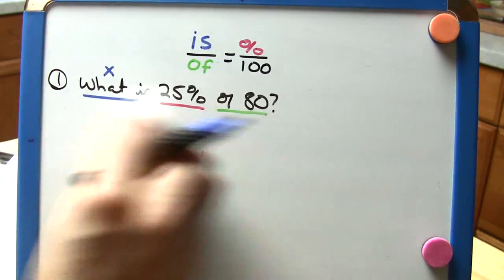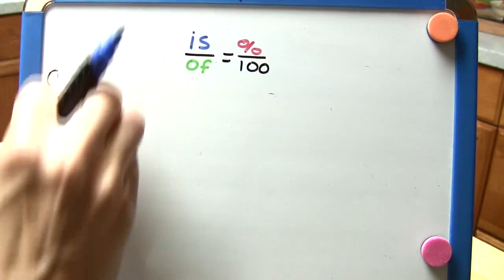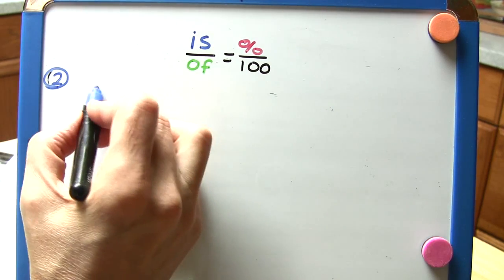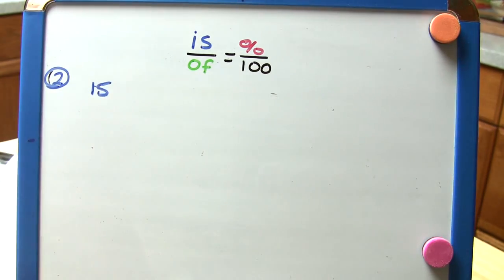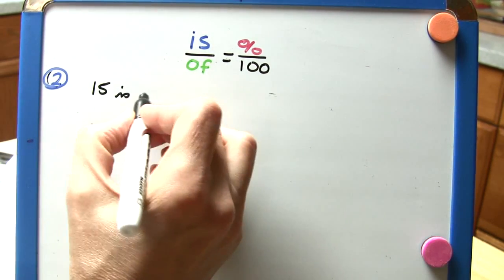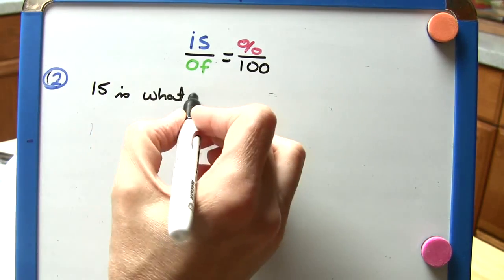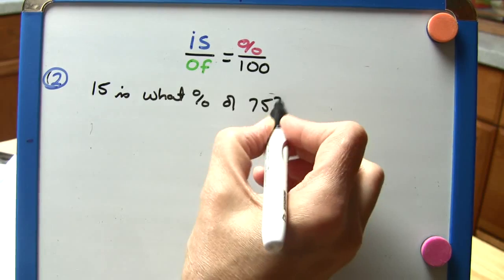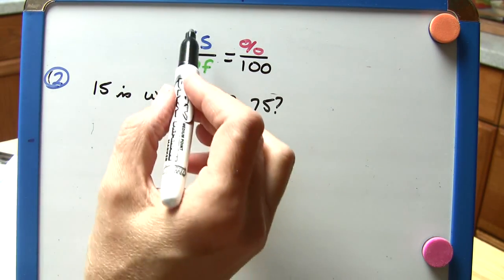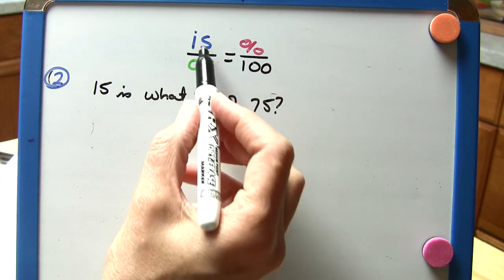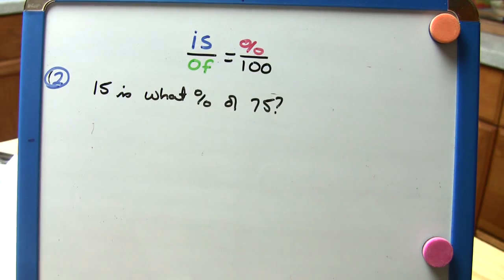And moving along here. Second example: 15 is what percent of 75? So to use this proportion, you want to break this sentence down into what's my is, what's my of, what's my percent?